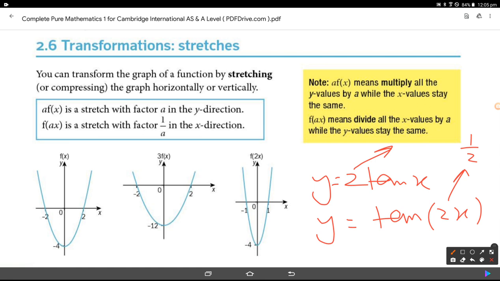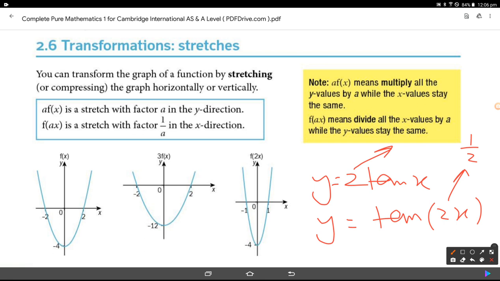Why, sir? Because you take the reciprocal, as I gave you a formula. This is the formula we have. I hope this idea is very, very clear: outside is parallel to the y-axis, inside is parallel to the x-axis.